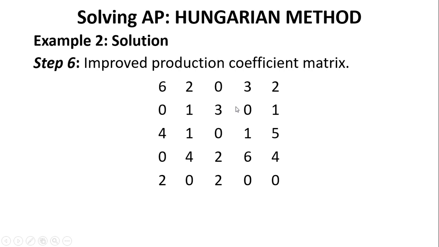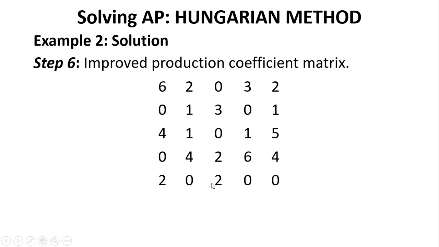Then after this improvement, we need to perform the optimality test again. So we cover zeros with the minimum number of lines. As usual, look for a row or column with the greatest number of zeros. You can see the last row has 3 zeros.